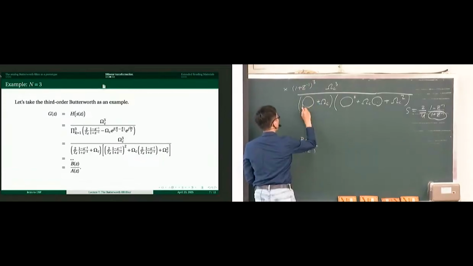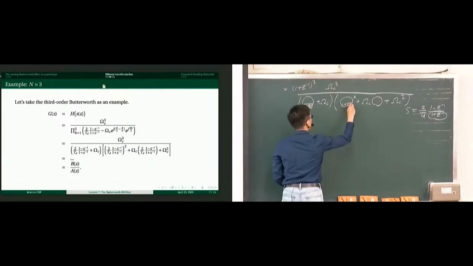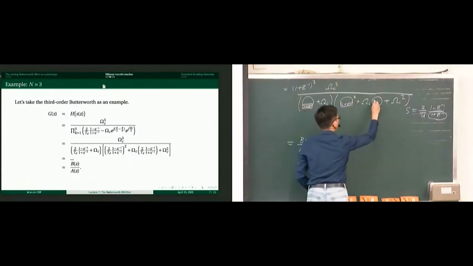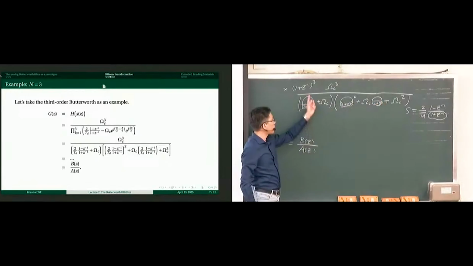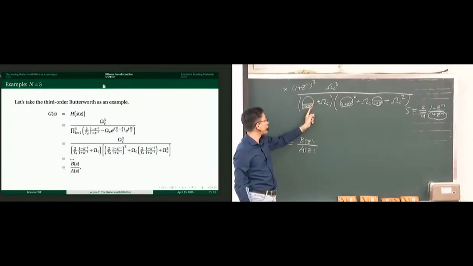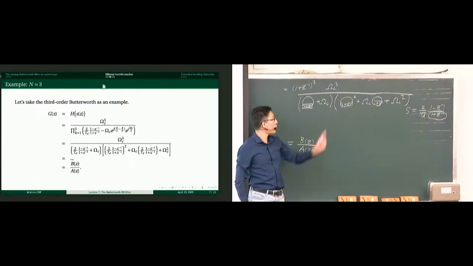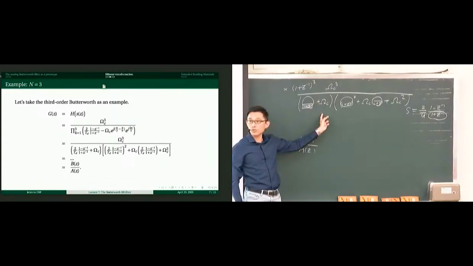So that here is a 1 plus z inverse, here is a 1 plus z inverse, and here's also a 1 plus z inverse. Okay, so multiply, just do it carefully. Multiply top and bottom with 1 plus z inverse to the third power, so that now the top and bottom both become polynomials. Can we do that? So that the top and bottom will both become polynomials.